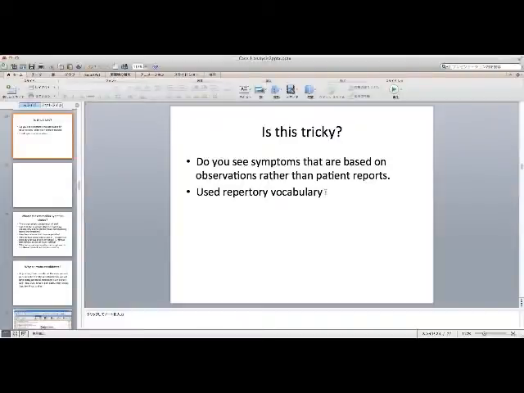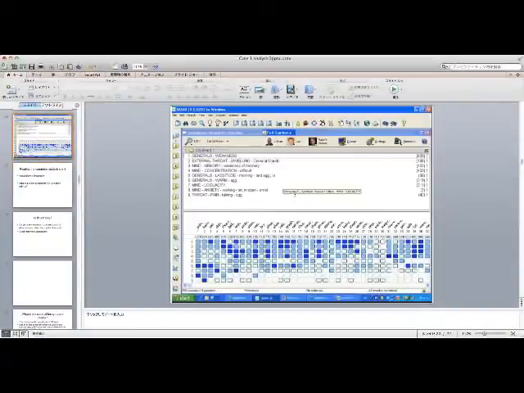He only needed to say, watch him, and he was talkative. And so loquacious is obviously repertory vocabulary. It's not a common word in English anymore. But that's about as tricky as his repertorization goes. There's nothing very tricky about it. It comes directly out of the case.